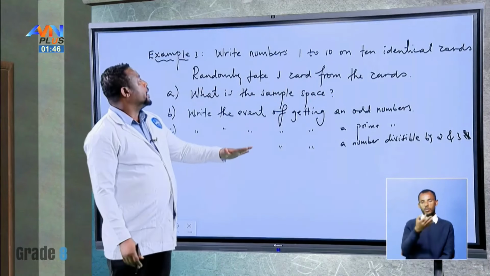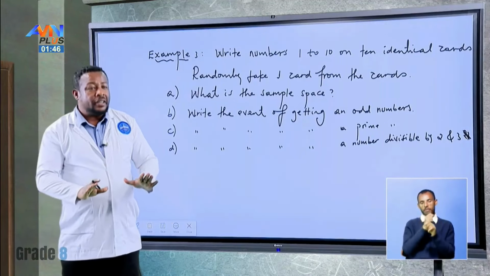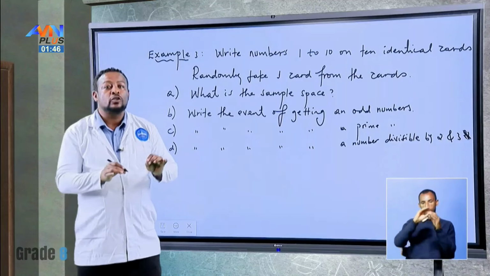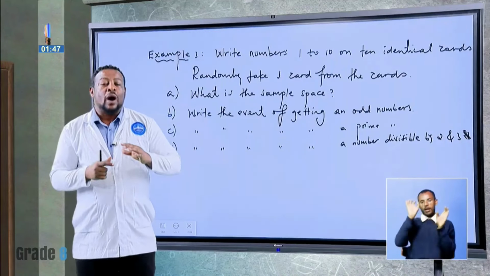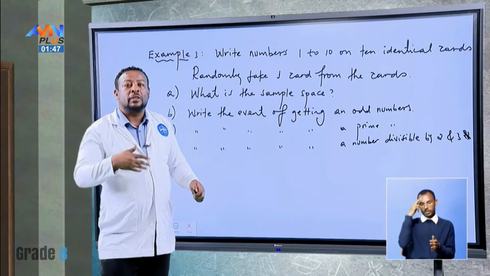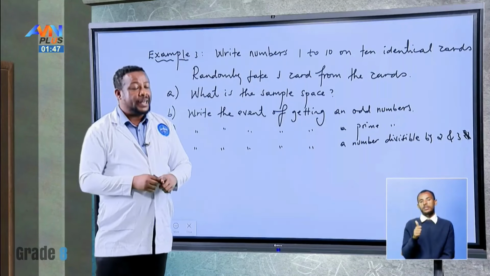Well, here in the third example, there is an activity. The activity is we write the numbers 1 to 10 on 10 identical cards. Why the need to make them identical? Because the experiment will not be biased, okay? So the cards should be identical.